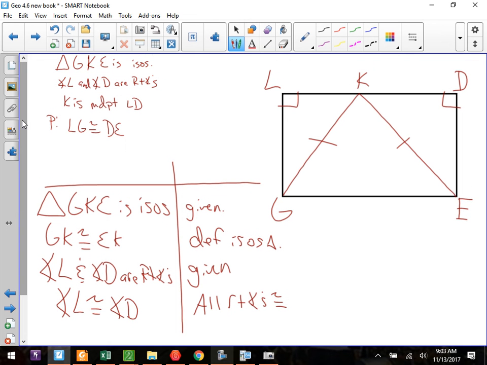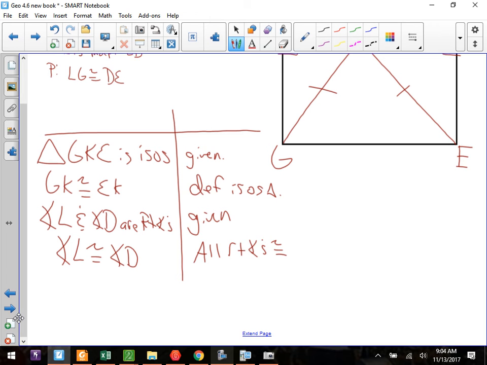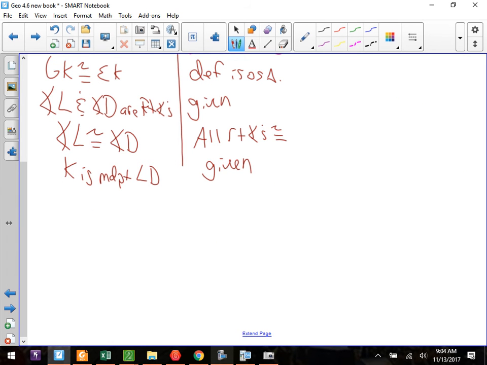And then the last given is that you have a midpoint. If K is the midpoint of LD, what happens? So we have LK congruent to DK.